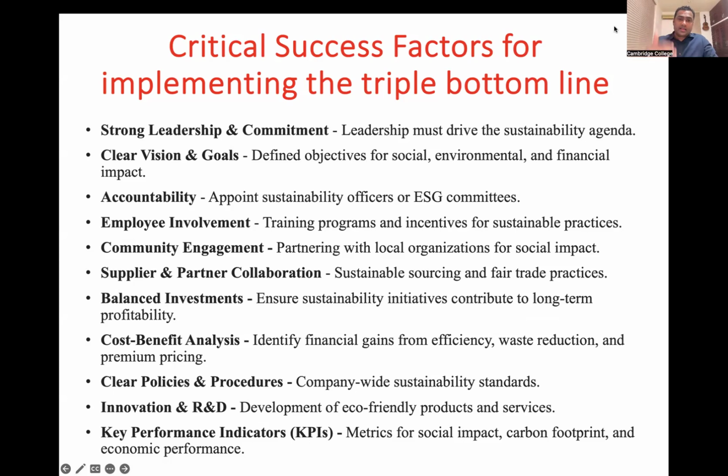So if you do all this, your activities for the triple bottom line will succeed, and you are measuring the progress in implementing the triple bottom line in your organization.